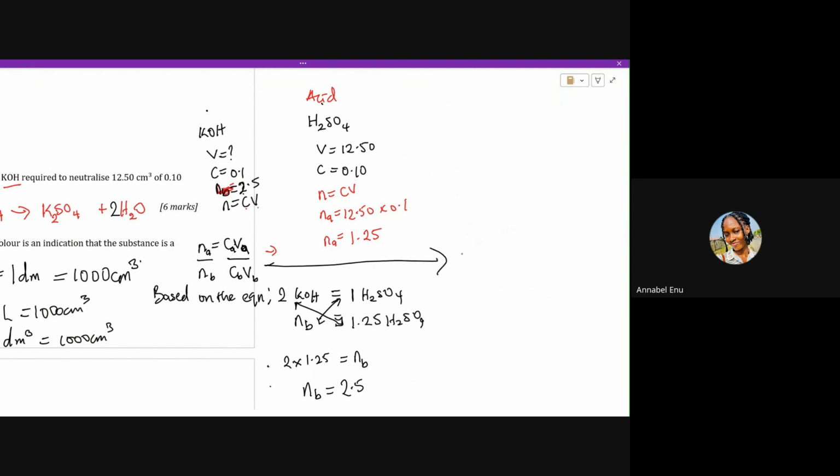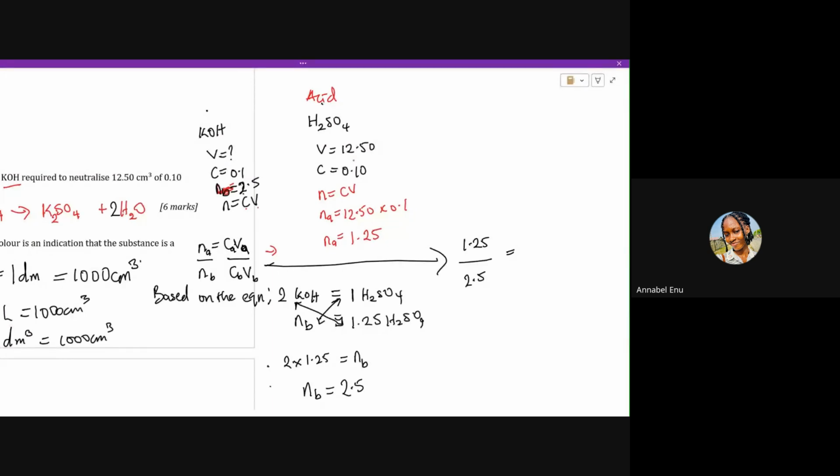So when we fix it, Na is 1.25 divided by NB, which is 2.5, equals Ca, concentration of acid. Based on what you can see on the board, let me ask somebody.